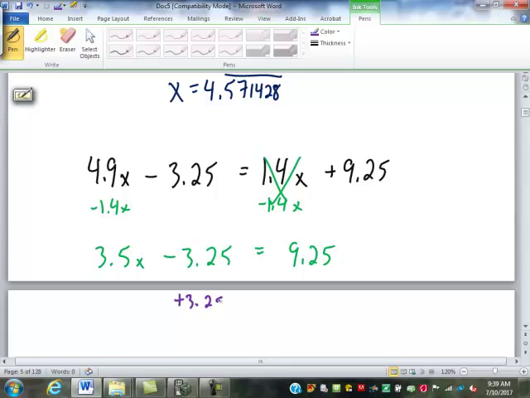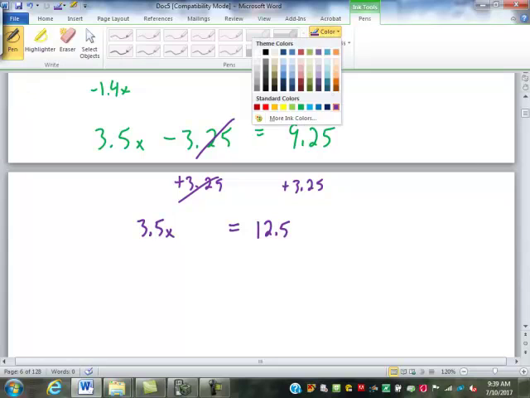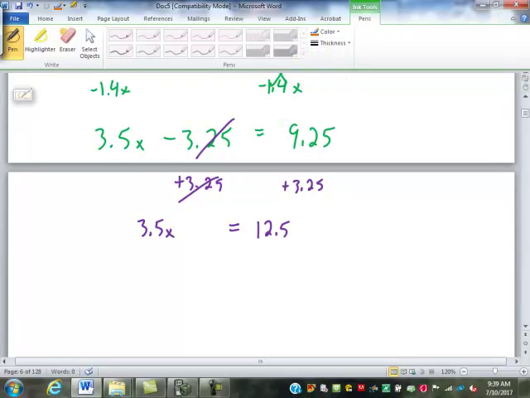Now we'll add the 3.25. And we get 3.5x equals, not 13, but 12.5. There we go. And then divide by the 3.5.